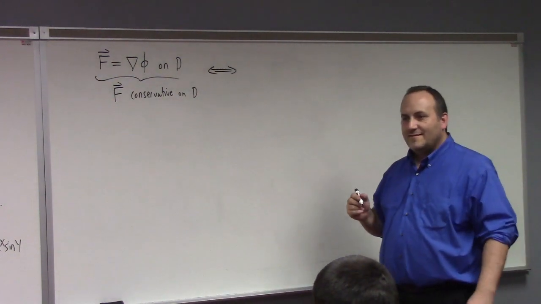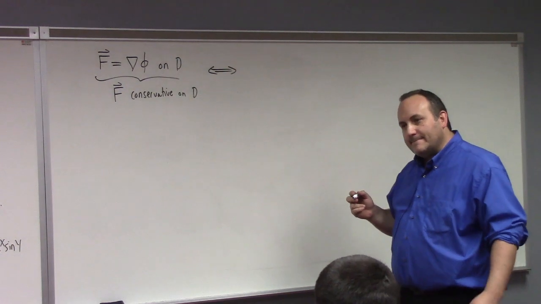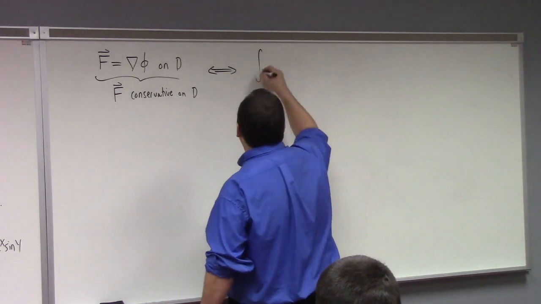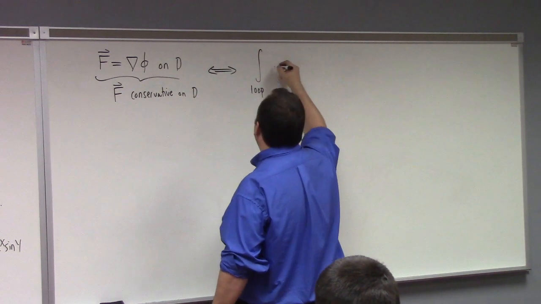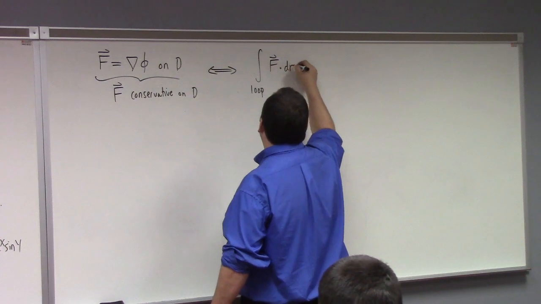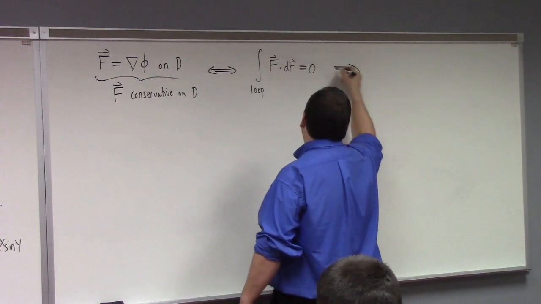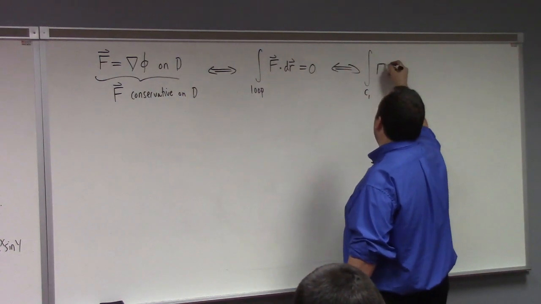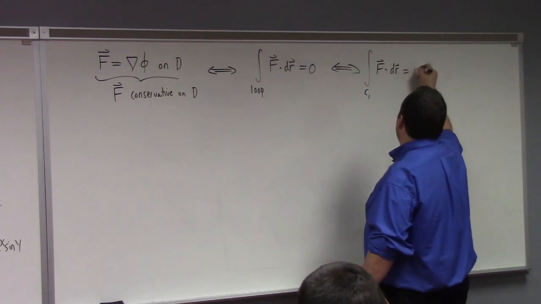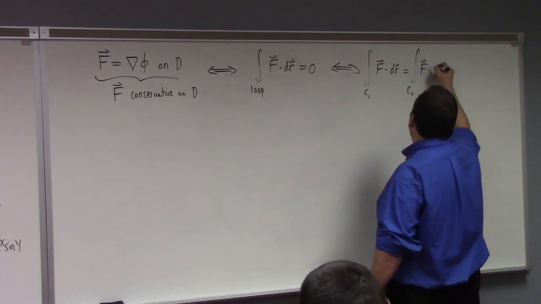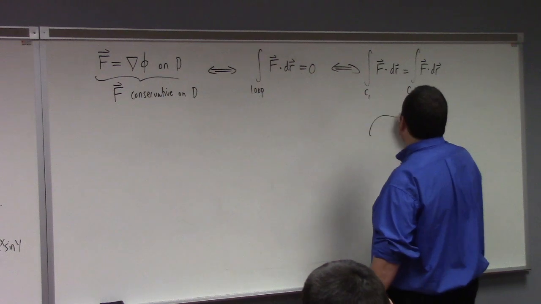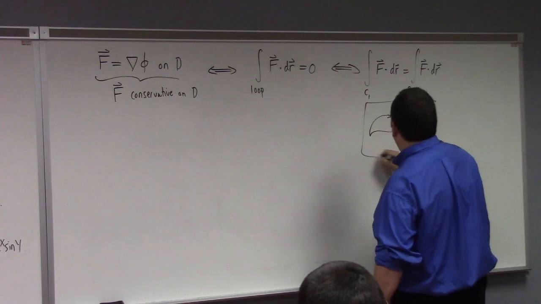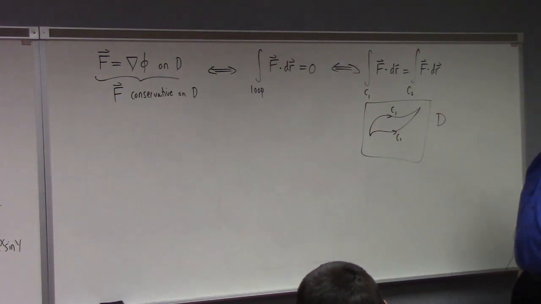Yep. Yeah, true. The path integral on any closed loop is 0. Ah, you wanted to get loopy on me. I'll allow it. The integral around a loop of F dot dr is equal to 0. Very good. If and only if what? The integral along C1 of F dot dr is equal to the integral along C2 of F dot dr for coterminal paths, which of course are inside my domain D. I keep drawing it as a rectangle, it doesn't have to be.